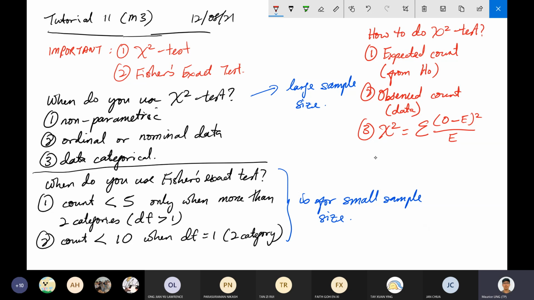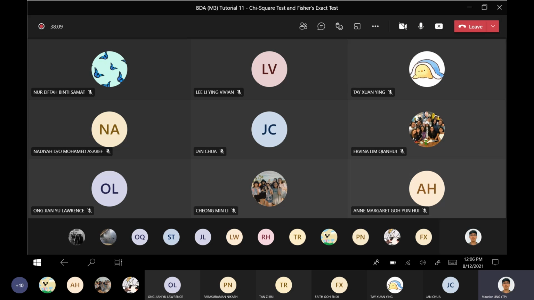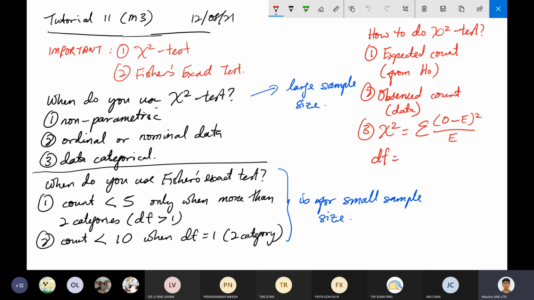Okay. Your degrees of freedom. How do you get your degrees of freedom for Chi-Square test? Okay, Vivian? What is degrees of freedom for Chi-Square test?